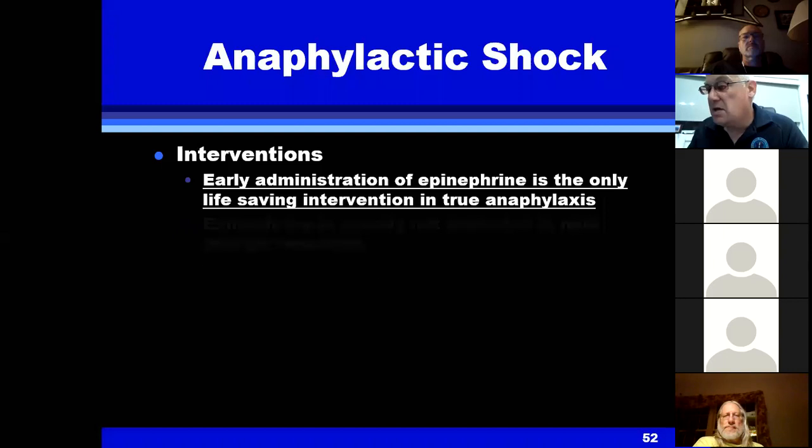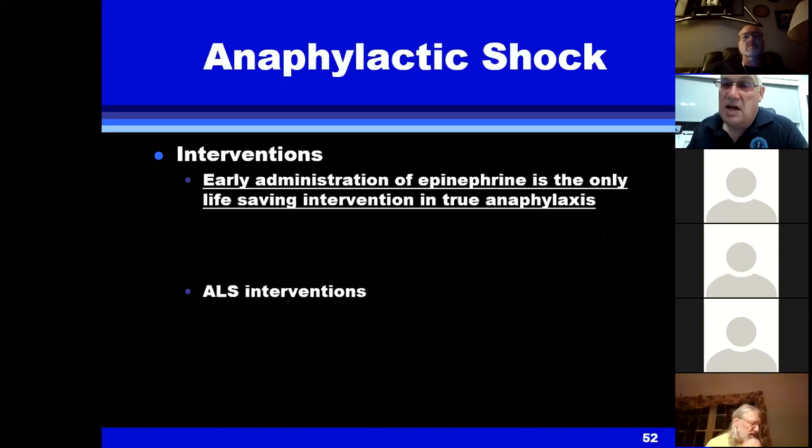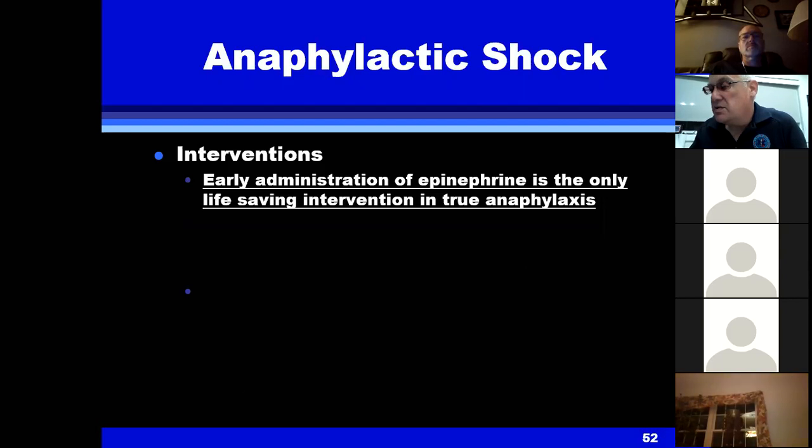And so, again, if it's only skin symptoms, they don't usually need the epi. Oxygen, and in the new protocol, they put in albuterol also. I wouldn't use albuterol in lieu of epinephrine. I would use albuterol if you've given them the epi and they're starting to feel better, but they still have a little residual wheeze. But that's basically the stuff.